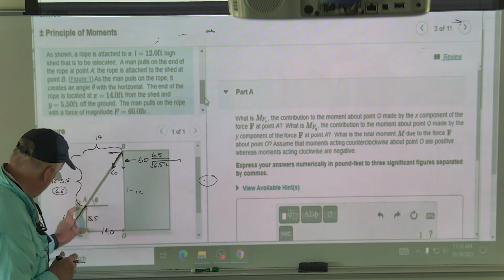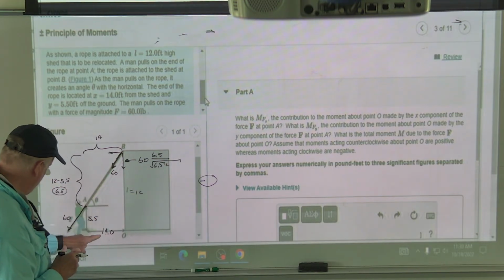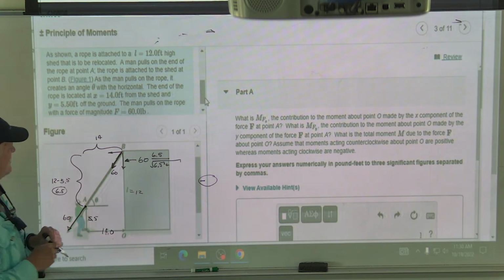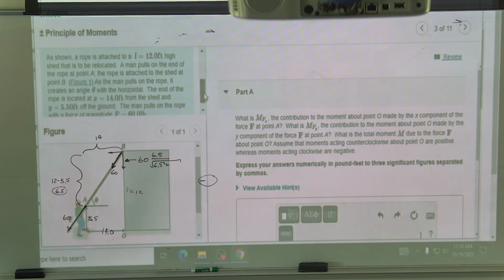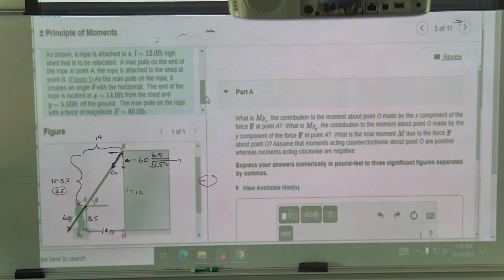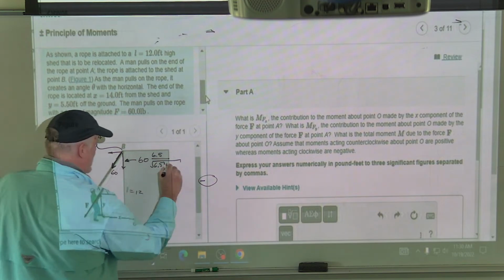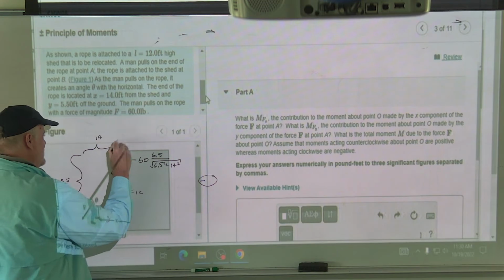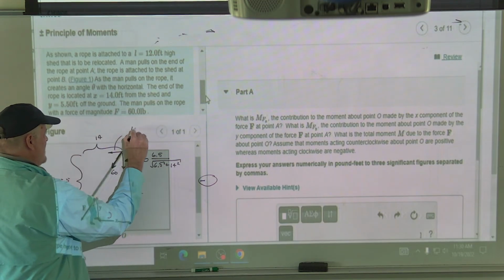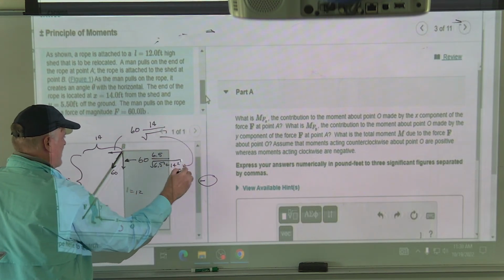So that 5.5 is almost the same length as the 14, but 12 is much larger than 14. Did I see all those right? Anyway, there's the 6.5 and then 14. This is weird to see. And this one is 14 over the square root of the same stuff.